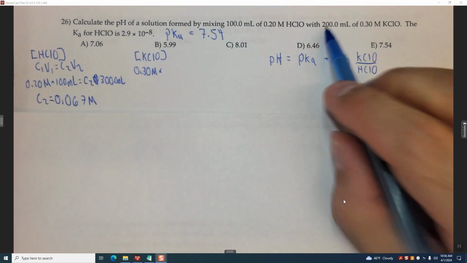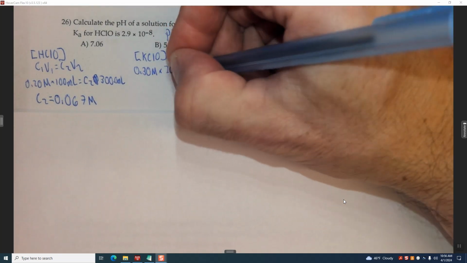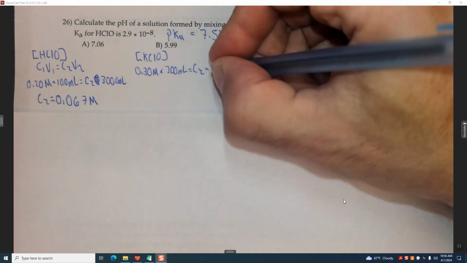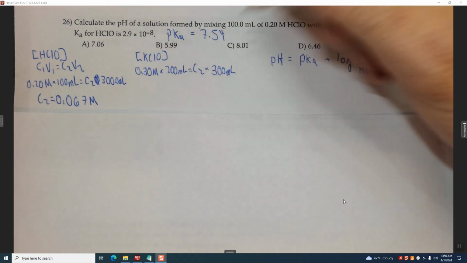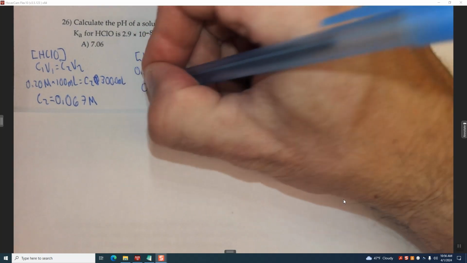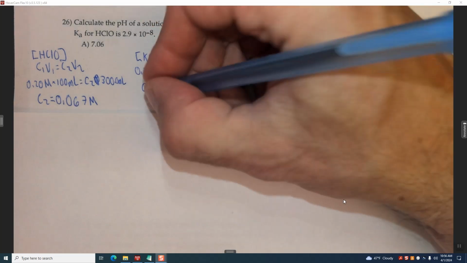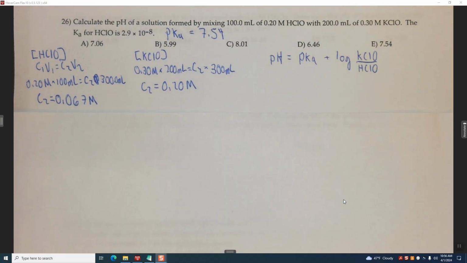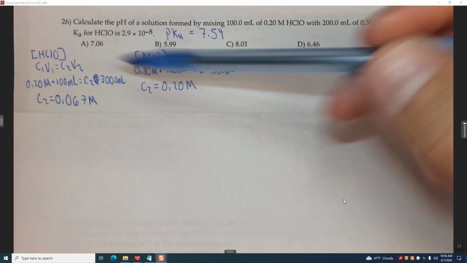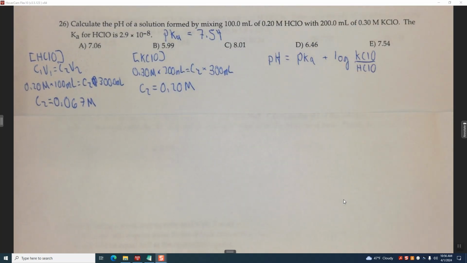The initial volume of that one we used was 200 milliliters. C2 is still what we're looking for, and V2 is still 300 milliliters because we mixed them together. C2 is going to be equal to 0.20 molar. Now we have the concentrations in the actual solution.